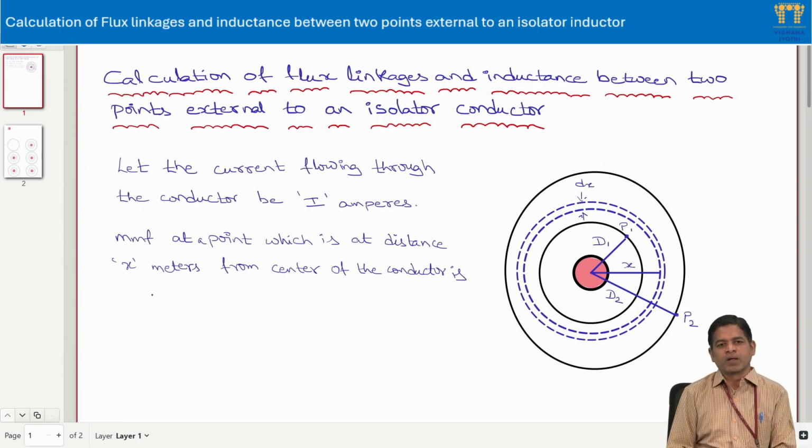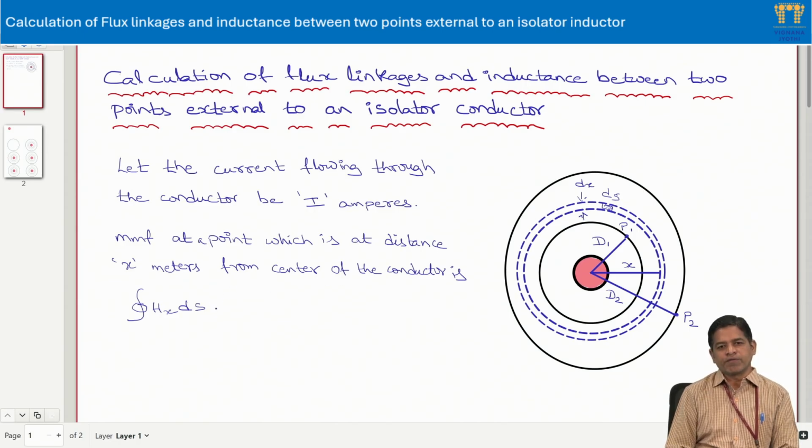that would be, according to Ampere's law, I can express it as a surface integral. If I consider the magnetic field intensity at this point, which is at x meters from the center of the conductor, to be Hx, then the MMF around this closed path would be the integral of Hx ds, where ds is a small differential surface on this circular path of the tubular element.